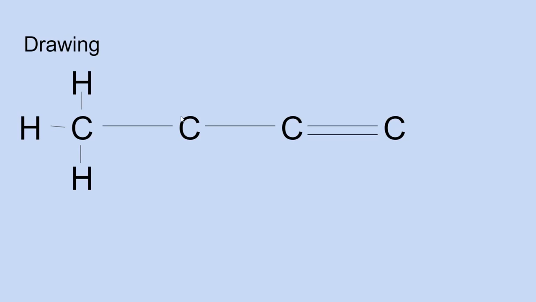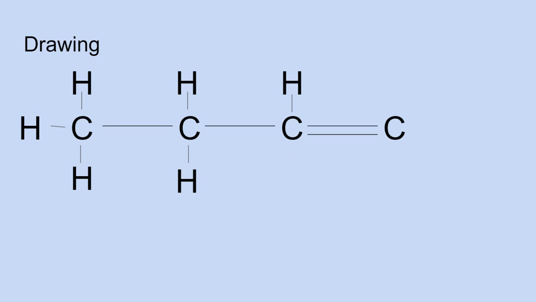Moving on to this carbon, it's got one bond coming out the left and one out the right. So we need to draw 2 hydrogens on. This carbon has got one bond out the left and 2 out the right-hand side. So that's 3 bonds. So it only needs 1 hydrogen. You could draw that at the top or at the bottom, doesn't matter, as long as there's only 1.